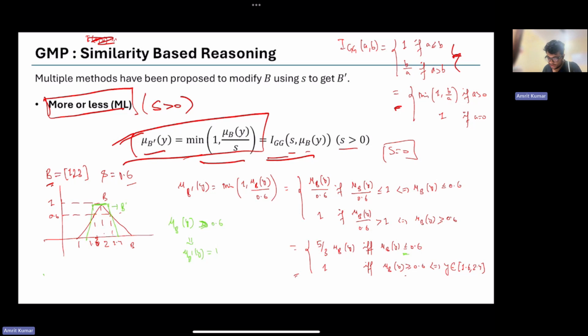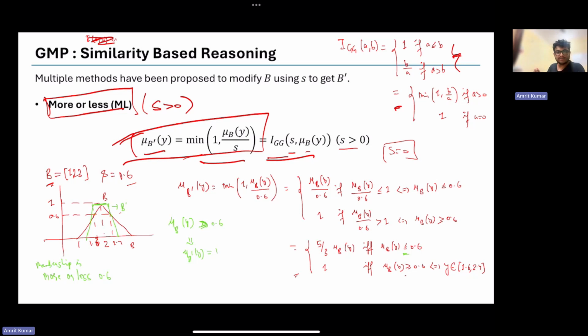Now consider the vague concept "more or less 0.6". Consider the vague concept whose membership is more or less 0.6.